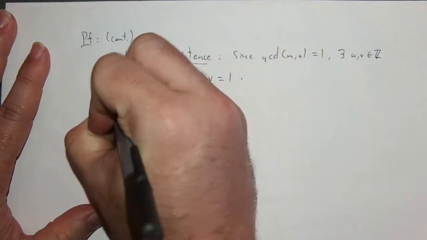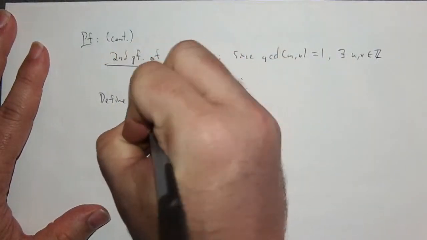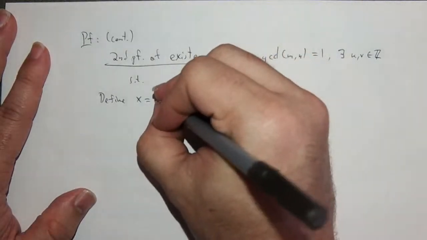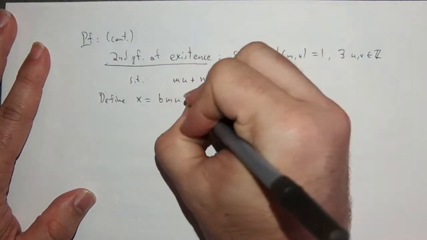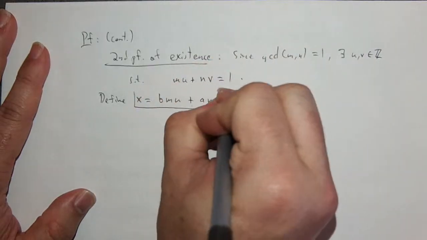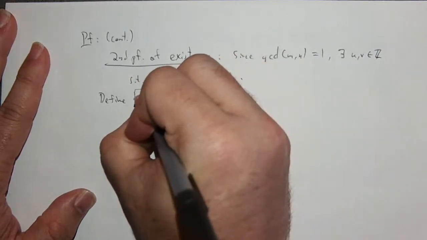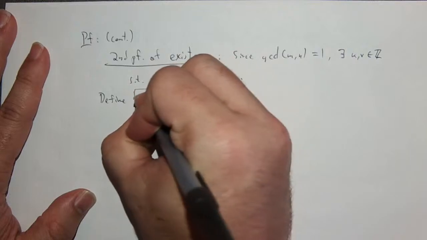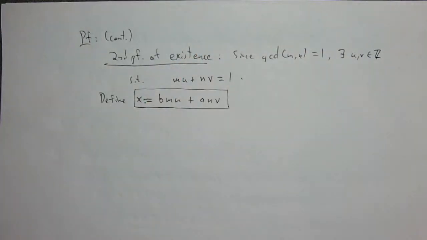Define X to be BMU plus ANV. Maybe I should use the definition colon here.